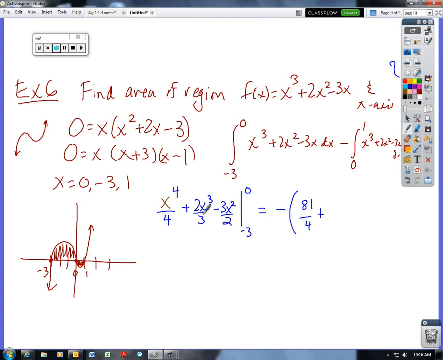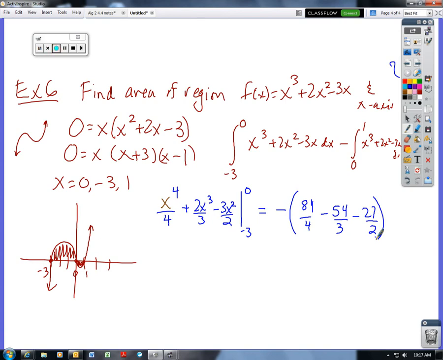Negative 27 times 2 is negative 54. I just want to be really careful here. Make sure I don't make mistakes. Then I'm going to have negative 3 squared, which is positive 9. 9 times negative 3 is negative 27 over 2. Okay, that's my first integral.